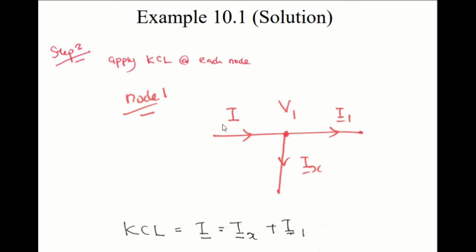For this, it's better that the current flows from the voltage source, which is I, and then from this node it goes to the ground node, the reference node, going down, and in this branch the current goes from V1 to V2. So using KCL, I is equal to Ix plus I1.